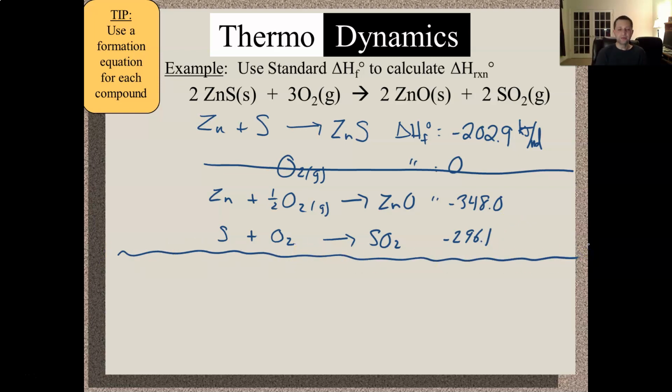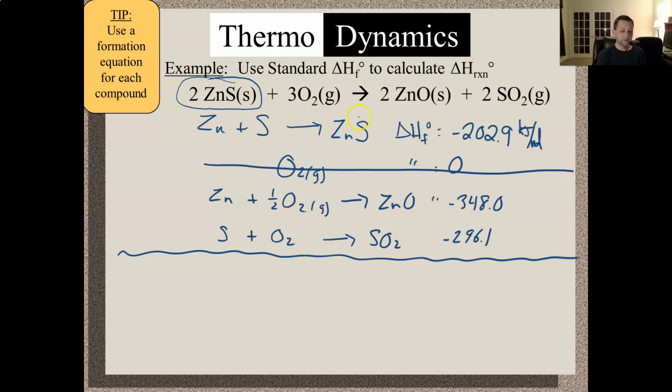What you want to do now is really easy. You want to look at all of these formation equations and manipulate them so when you add them all up, you get the overall equation at the top of the screen. Simple stuff here. Zinc sulfide has to be a reactant in our overall chemical equation.